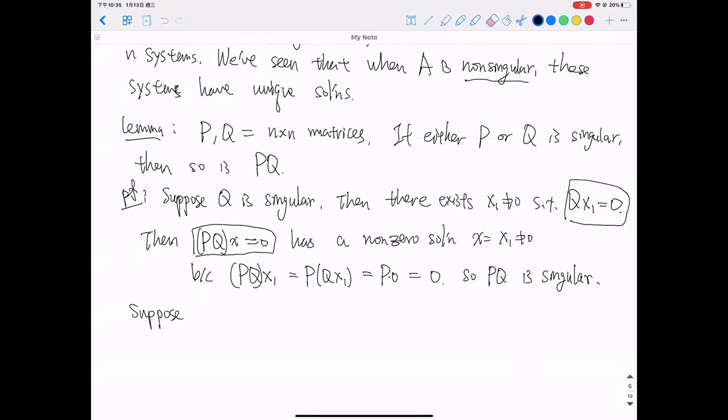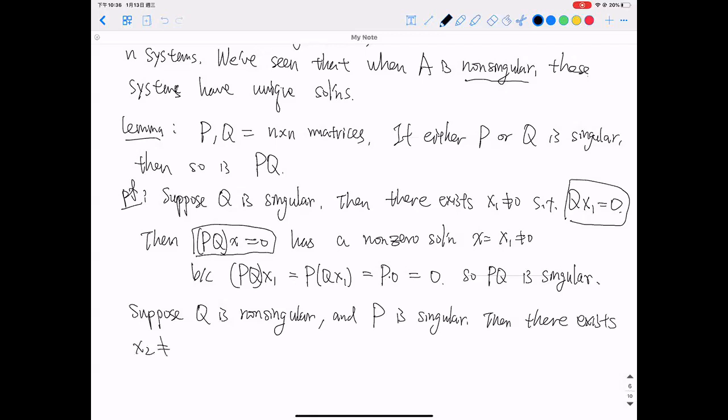Now let's suppose Q is non-singular, just to make it interesting. I mean, we know the statement is true if Q is singular. So suppose Q is non-singular and P is singular. Then P being singular means that there exists x2 not equal to 0 such that Px2 is 0.